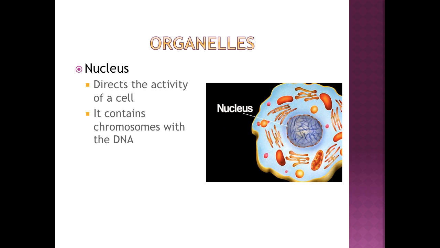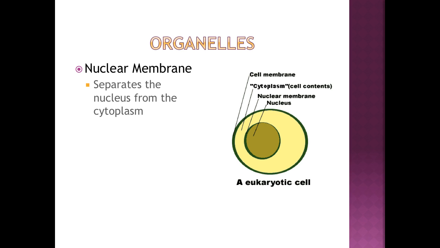It controls everything. And the nucleus is located in the center of a cell. The nuclear membrane separates the nucleus from the cytoplasm. So again, you can see a diagram of what the nuclear membrane looks like.